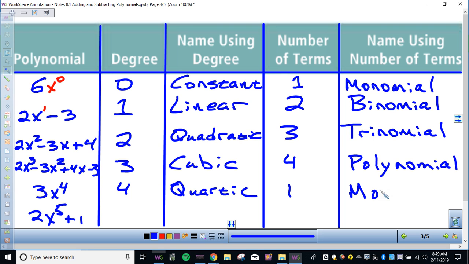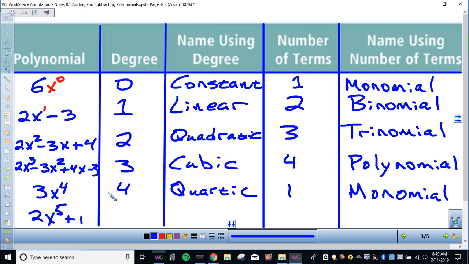Because after polynomial, if there are 8,000 terms, it's still a polynomial. So as far as names using terms, it's just monomial, binomial, trinomial, and poly. That's all you have to remember. As far as degree, if it's 0, it's constant, first degree linear, second degree quadratic, third degree cubic, fourth degree quartic. Questions?